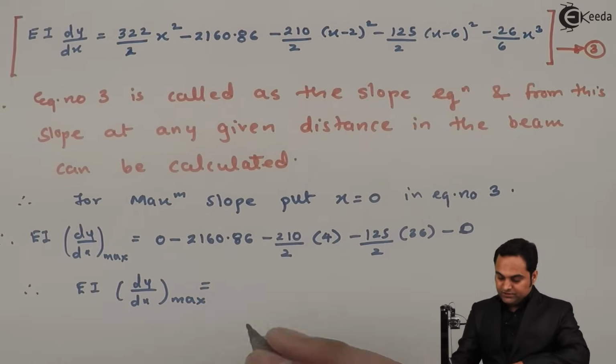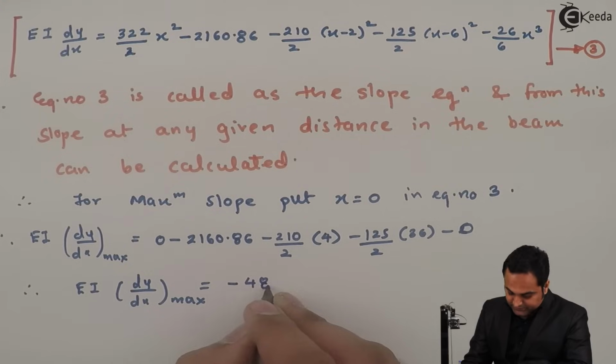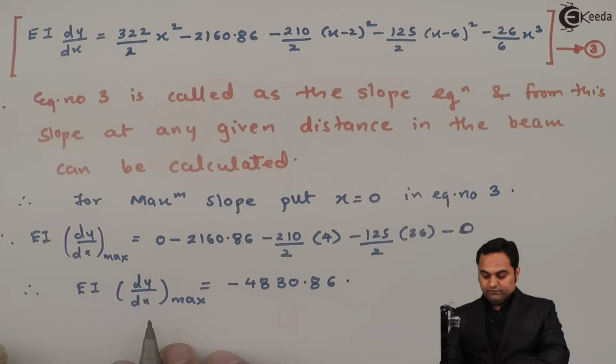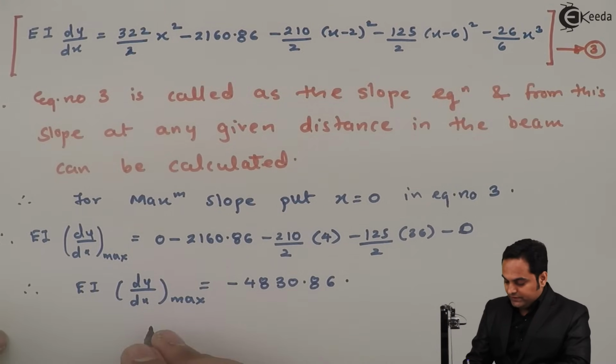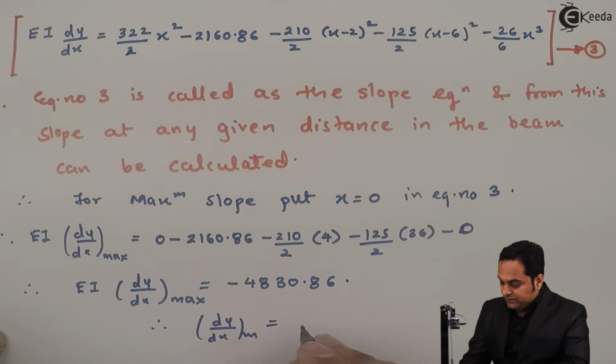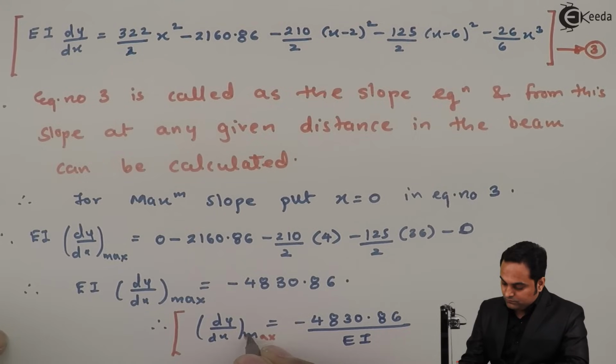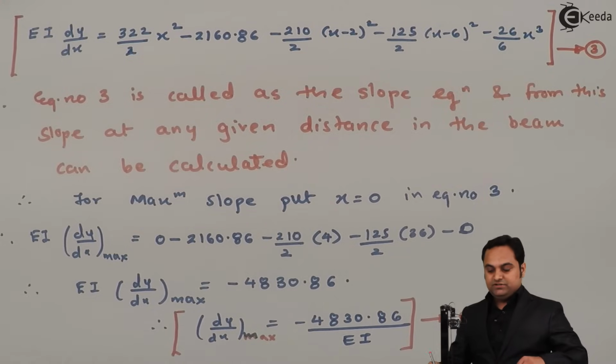The maximum slope is minus 4830.86, and here we want dy by dx on one side, so therefore dy by dx, which is maximum, I'll send EI onto the other side, comes out to be minus 4830.86 upon EI. So this is the maximum slope. This is our first answer.